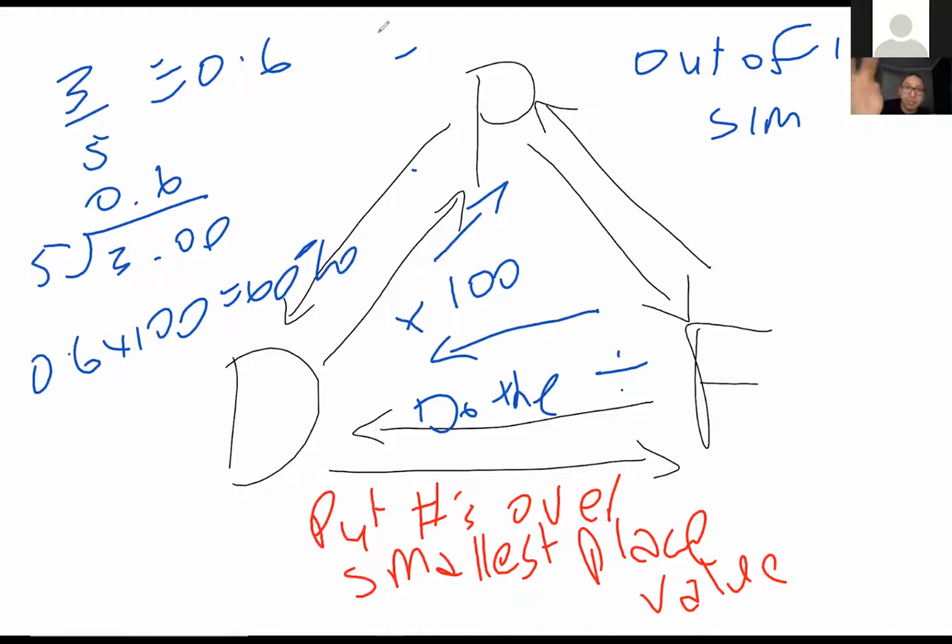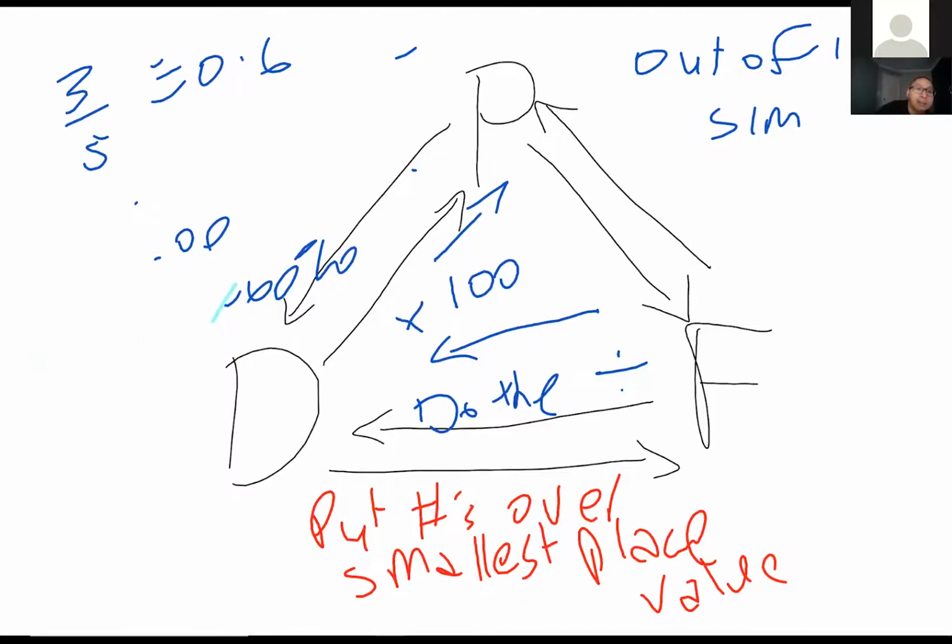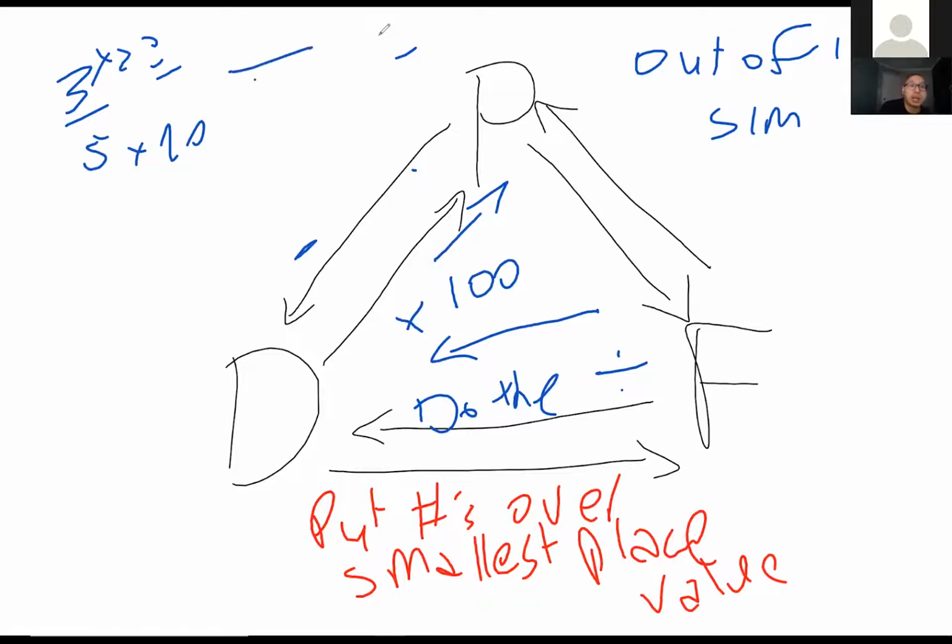But for particular fractions where the denominator can multiply to 100, you can do the same trick I showed you before: multiply the top and bottom to get to 100, which is times 20 in this case. So 5 times 20 is 100, 3 times 20 is 60, and so 60 out of 100 is just 60%.